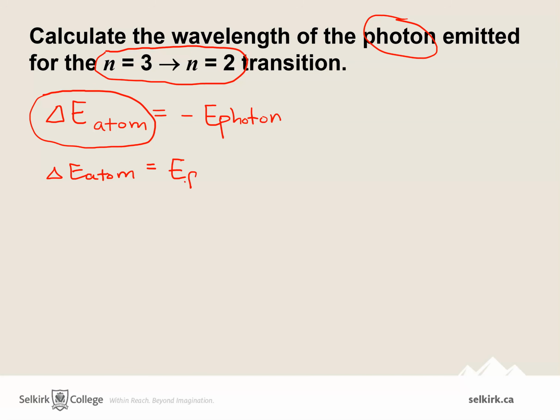So that's the final energy level of the electron minus the initial energy level of the electron. On the previous slide, I gave you a formula for the energy level. That was negative RHC over n squared. And I'm going to put n final here to make it the final energy. I'm going to subtract negative RHC over n initial squared.